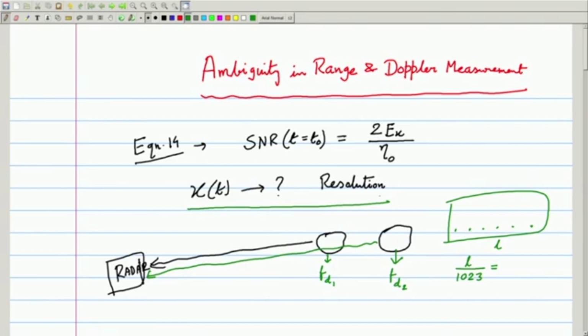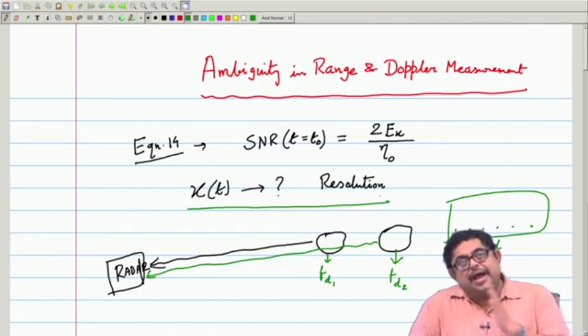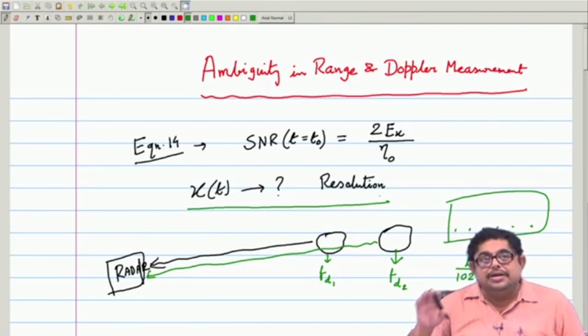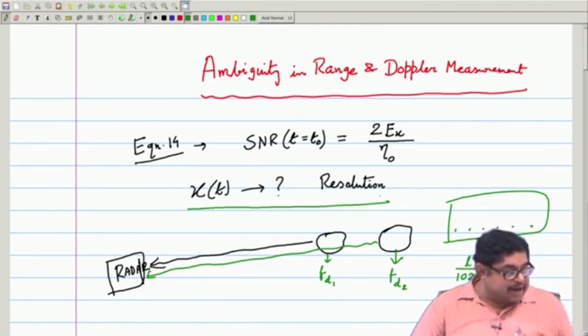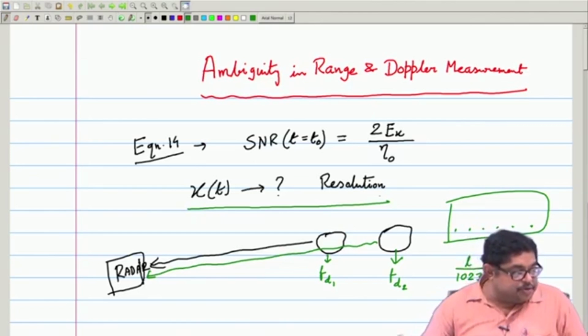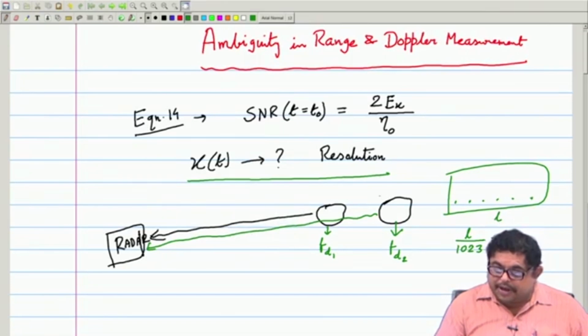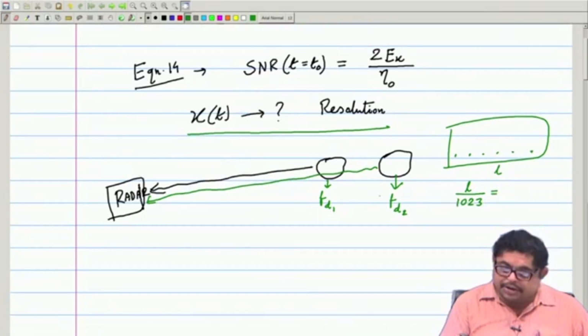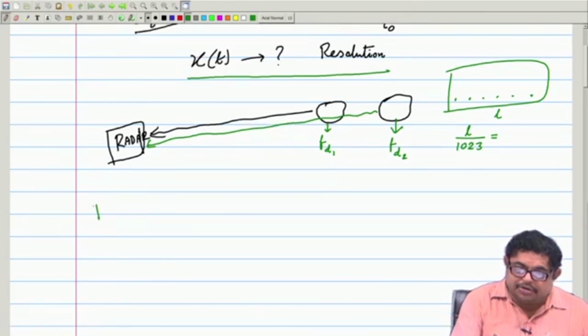Last time we came to equation 29, where the output of the matched filter is some sort of correlation with a phase term for a moving target. Now, we will further proceed. First we will discuss the concept of range resolution.